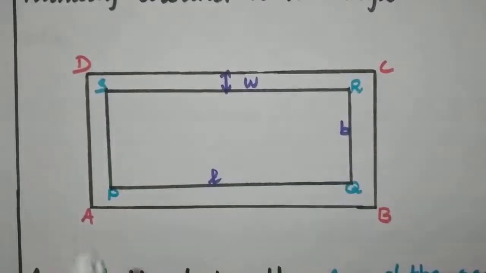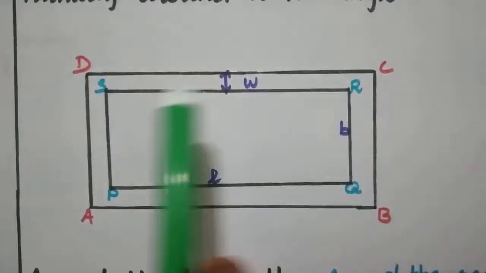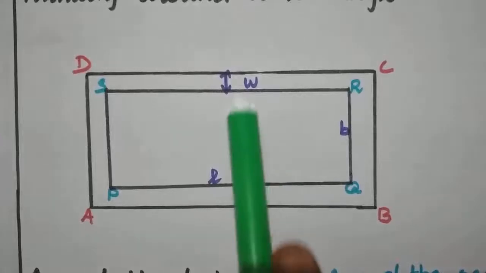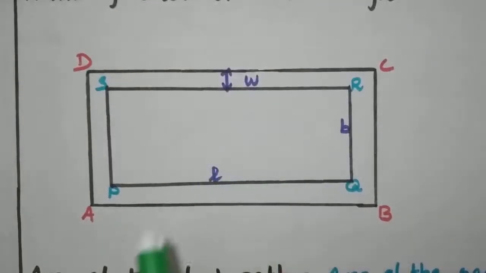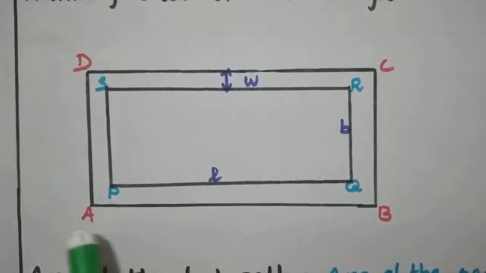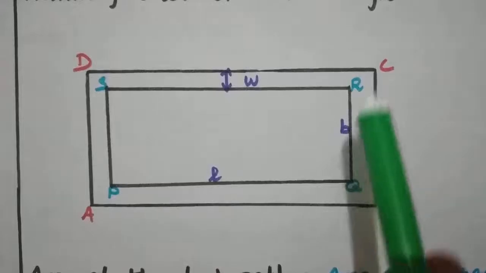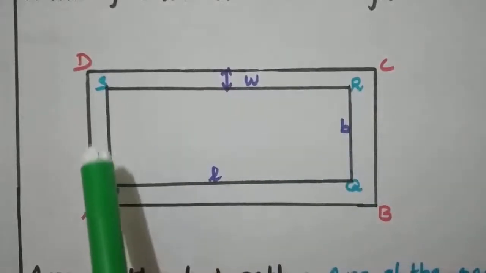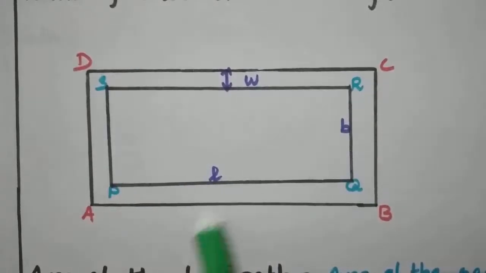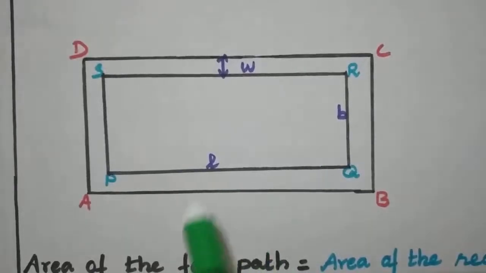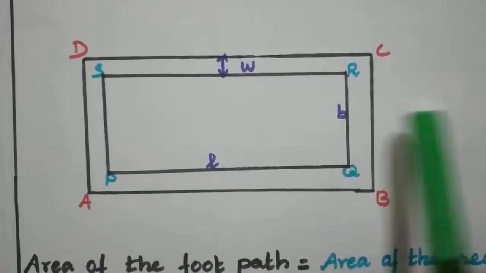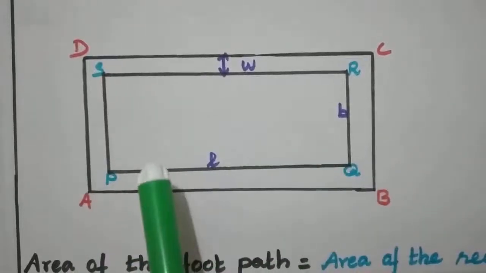PQRS is a rectangular field with a footpath around it. The width of the footpath is W. Including the footpath, the rectangular field becomes a larger rectangle ABCD with length L plus 2 times the width and breadth B plus 2 times the width.